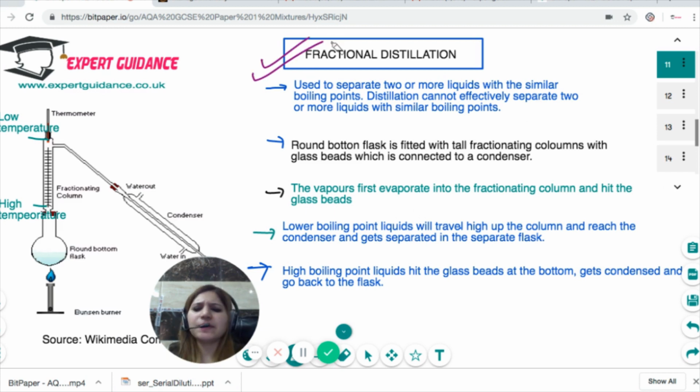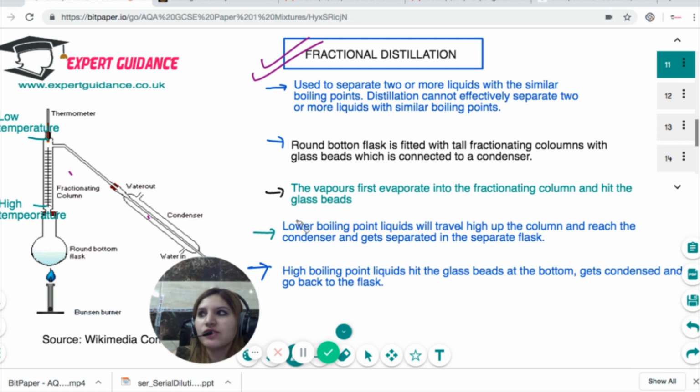Now, let's suppose you have a mixture of more than two liquids, like crude oil, or you have a mixture where the two boiling points are very close to each other. So in this, what we do is we take a fractionating column. The vapors which pass to the condenser first pass through this fractionating column which has glass beads in it. So the round bottom flask is fitted with a tall fractionating column with glass beads which is connected to a condenser.